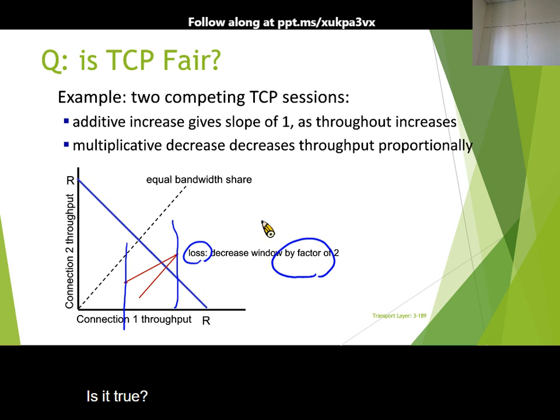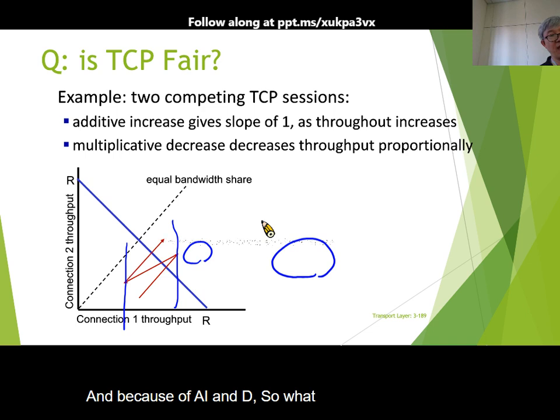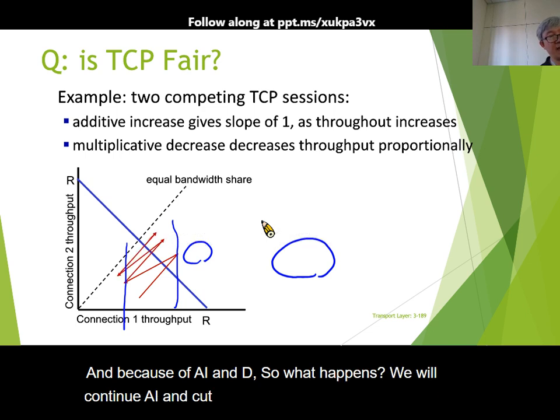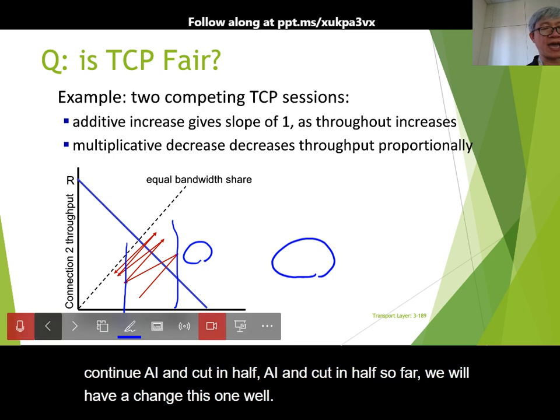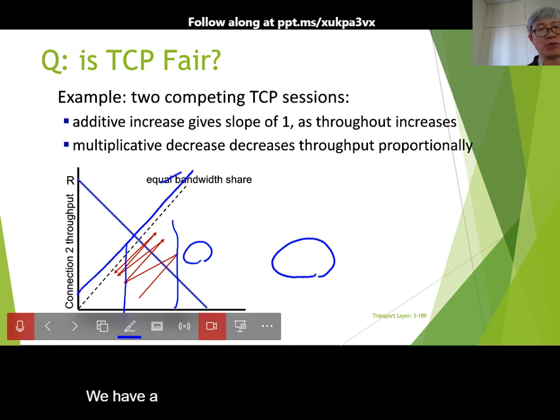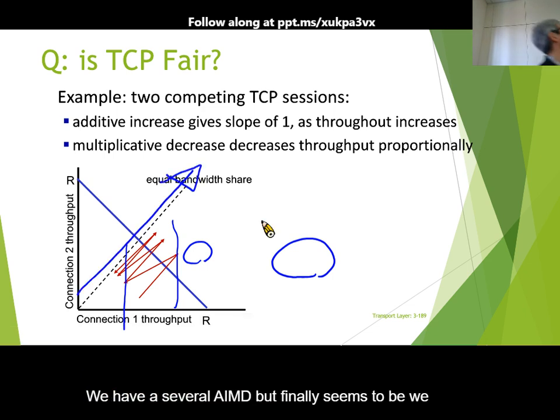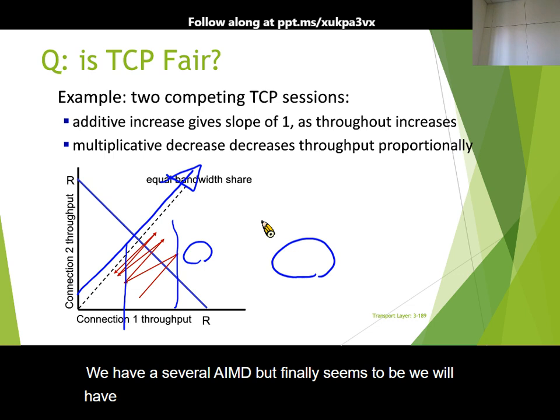And because of AIMD, what happens? We will continue AI and cut in half, AI and cut in half. So finally, we will have a trend, this one. Well, we have several AIMD cycles, but finally we approach this point.